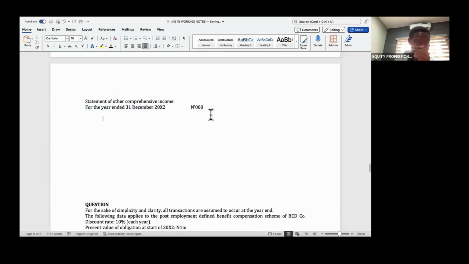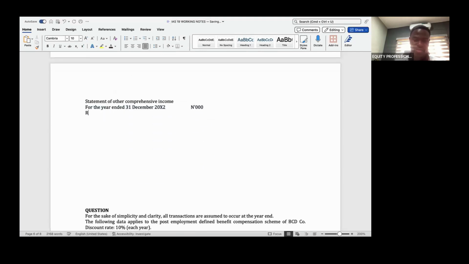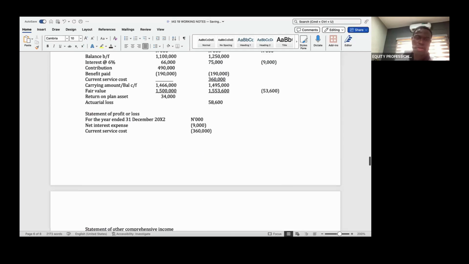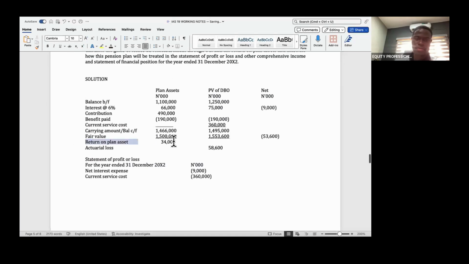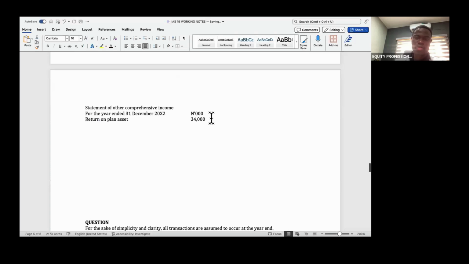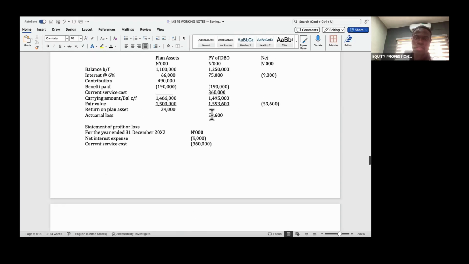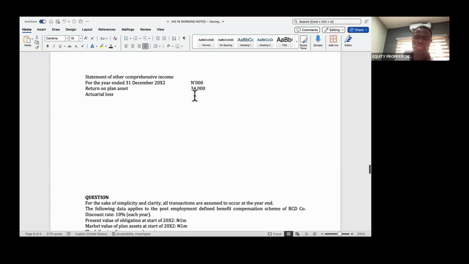So what goes to my OCI, I told you already: the return on plan assets, which we got up there as 34,000, and also actuarial loss, which we got as 58,600. I'll put that in brackets to show that it is a loss.